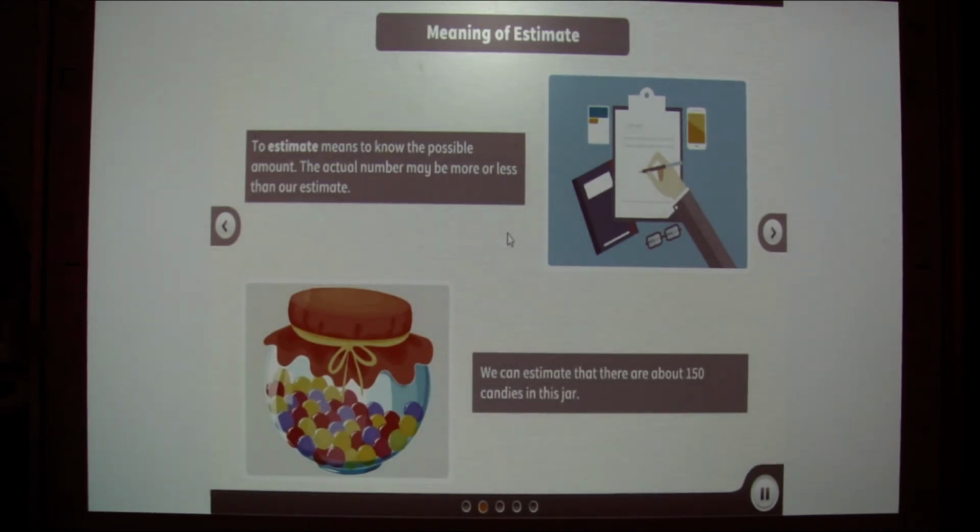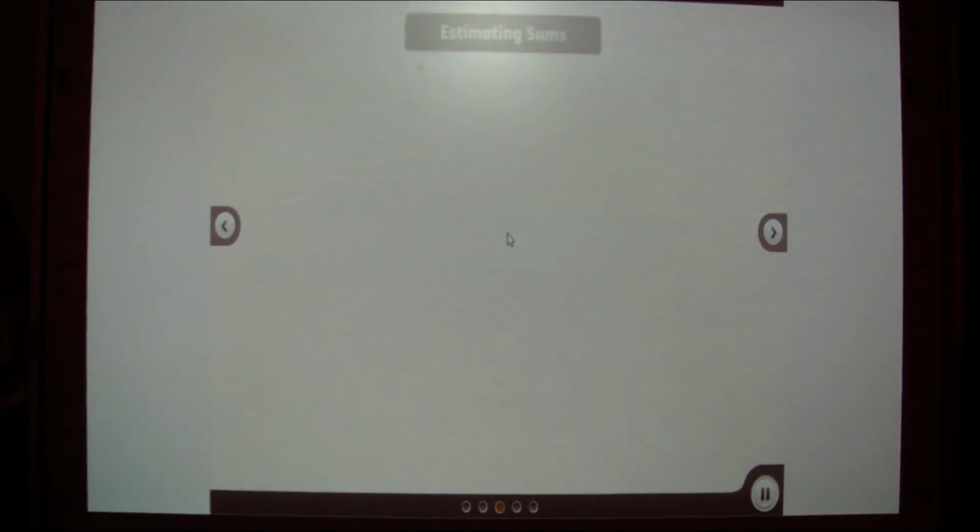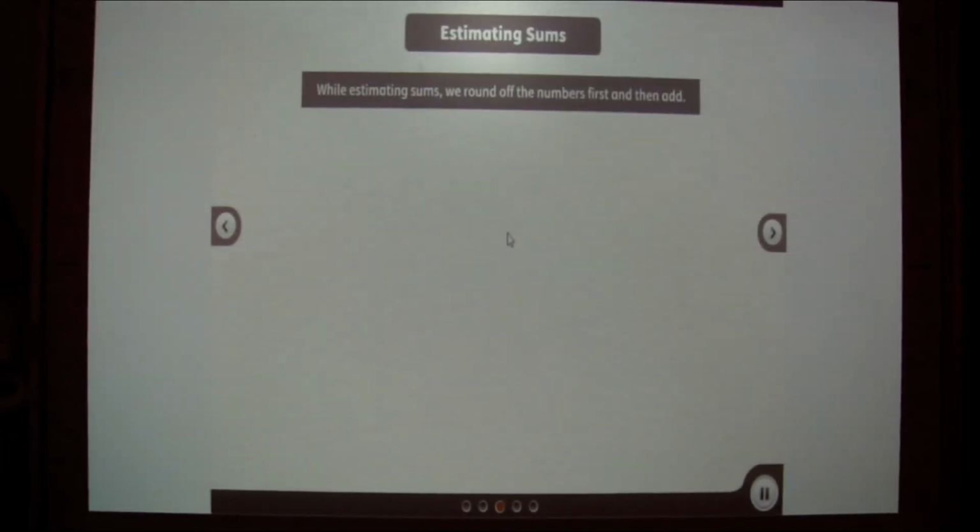The actual number may be more or less than our estimate. For example, on observing the candy jar, we can estimate that there are about 150 candies in the jar. While estimating sums, we round off the numbers first and then add.